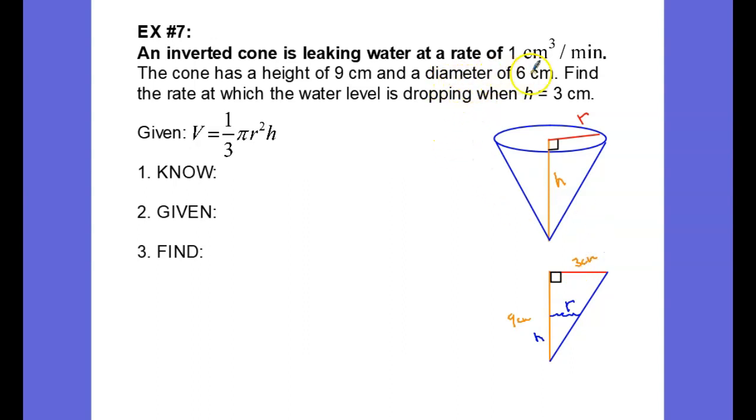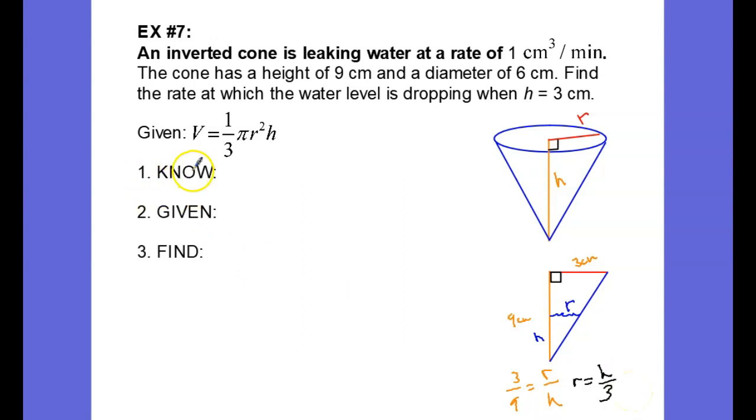They tell us the diameter is 6. This allows us to set up a proportion based on similar triangles: 3 is to 9 as r is to h. If we solve for r, this gives us h over 3.